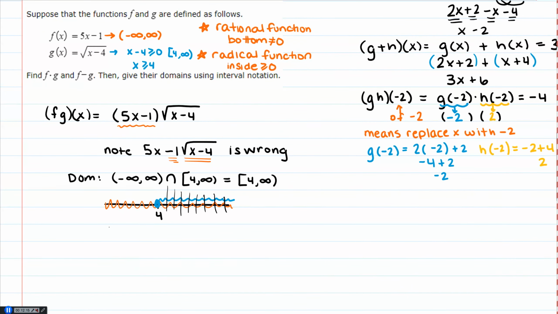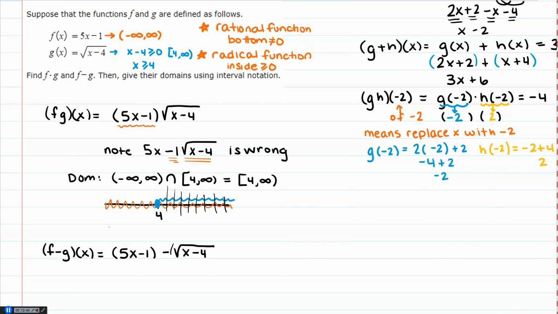Now, this is going to be the case for the next one as well. So if we want the function f minus g of x, we're going to take the f function, which remember we're wrapping it up, 5x minus 1, subtract square root of x minus 4. Now the x minus 4 is wrapped up in the radical, so you don't have to put extra parentheses.